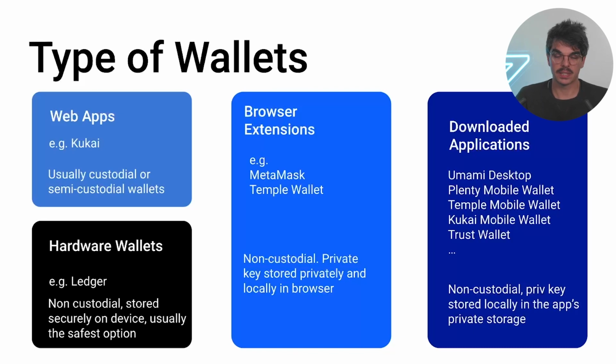And then the next type is hardware wallets, and an example is Ledger. Hardware wallets look a little bit like a USB key, and the private key is held within the wallet. These are non-custodial, so it basically means that you have sole ownership and sole responsibility of the wallet.